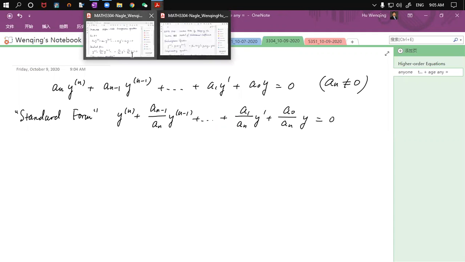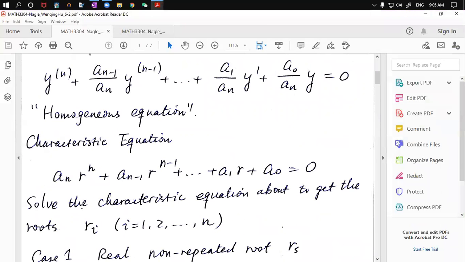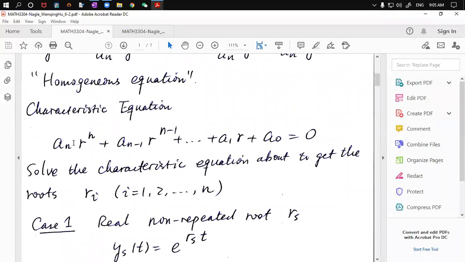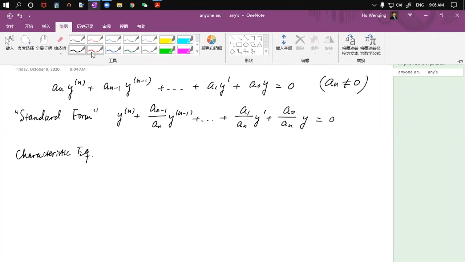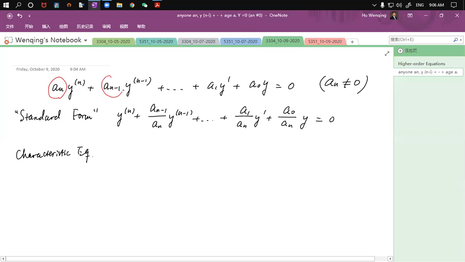Now the characteristic equation just inherits those coefficients, similar to before. You pass these coefficients to the equation, and you replace the derivatives by polynomial powers.